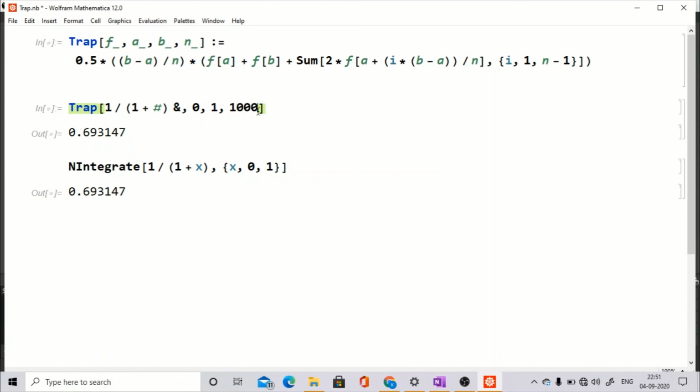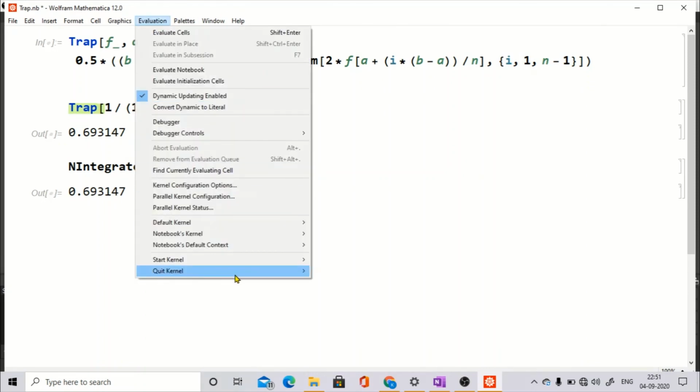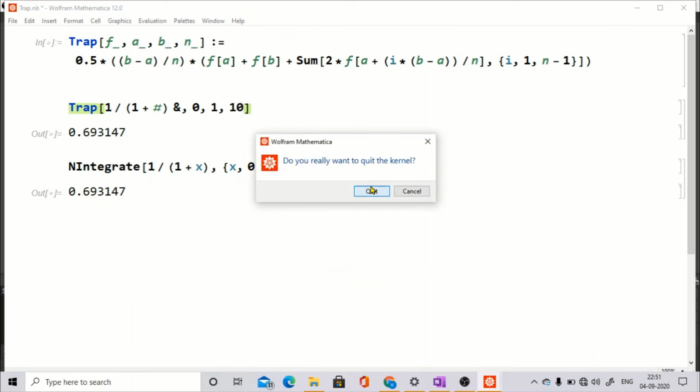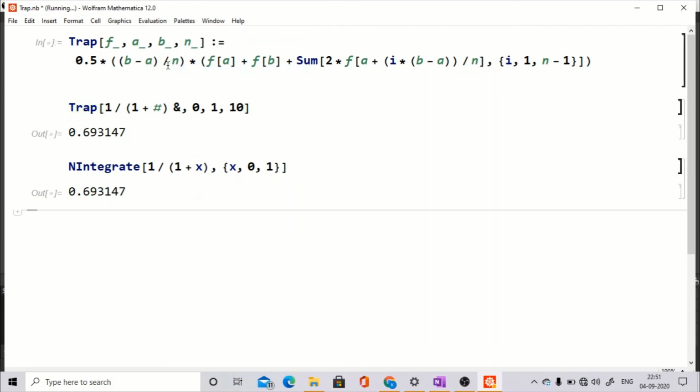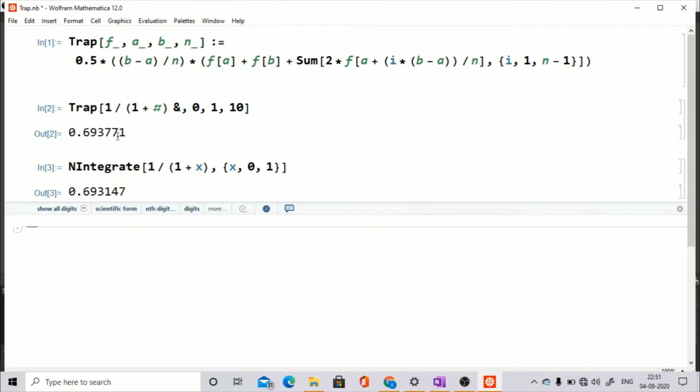If I keep it 30, or 10, then you see if I evaluate this, you can see here, when I have taken the value of n equal to 10, the value is 0.693771.